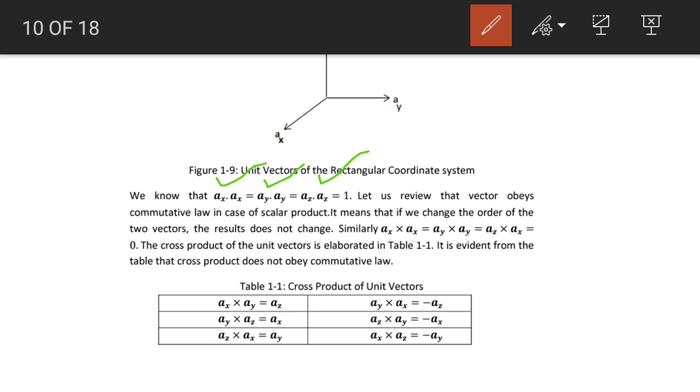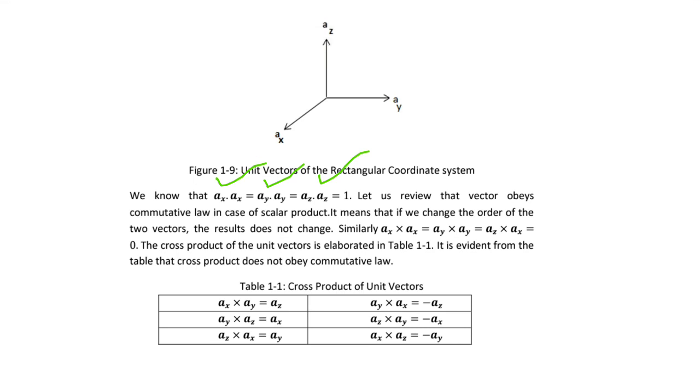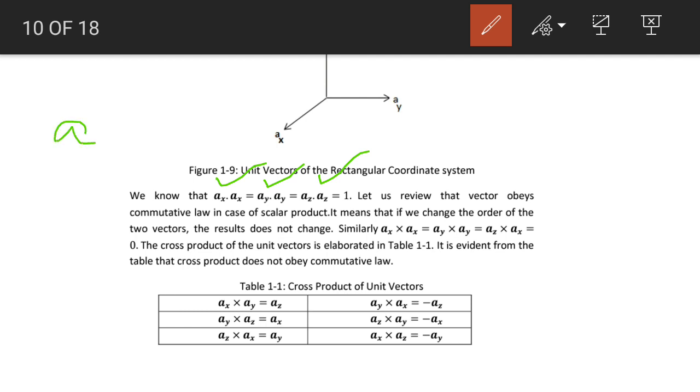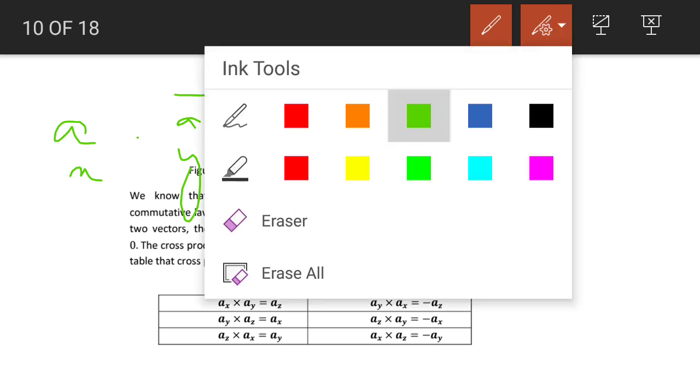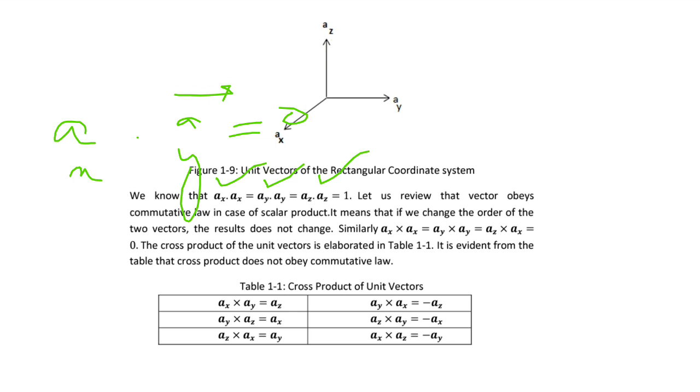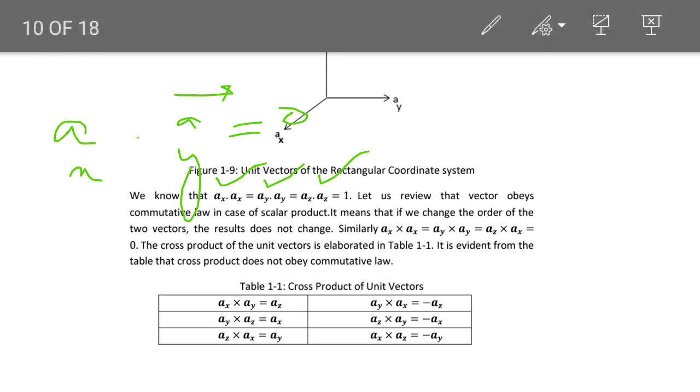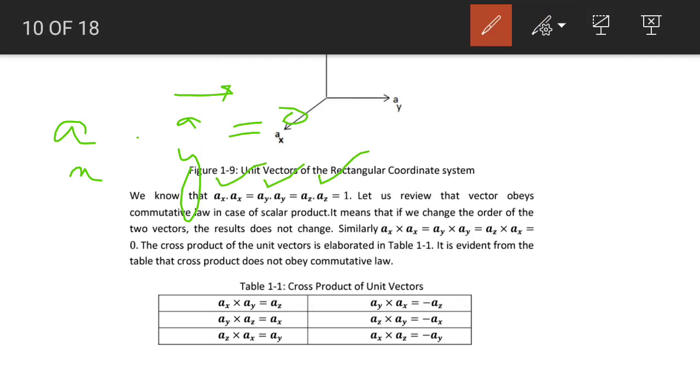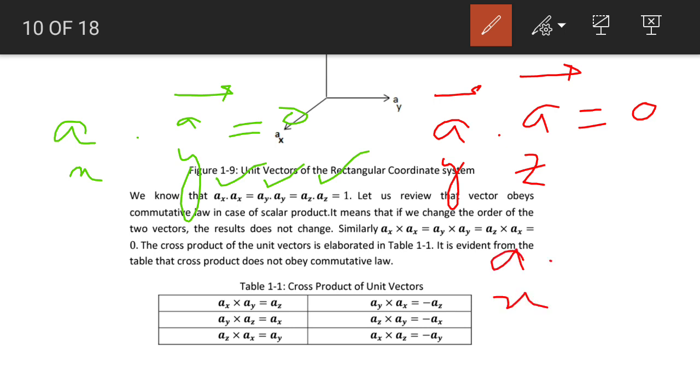Similarly, ax dot ay results in 0. Why? Because there is an angle of 90 degrees between these two unit vectors. ay dot az results in 0, and similarly ax dot az results in 0.